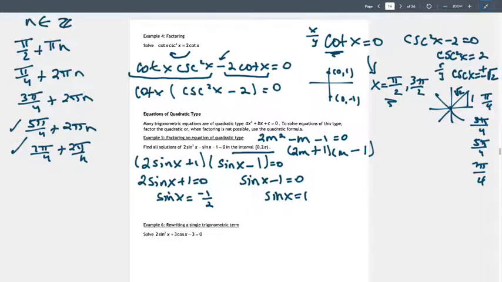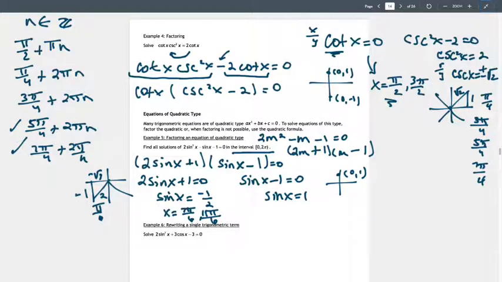All right, where sine is negative is in the third and fourth quadrant, and we're looking where the y value is negative 1, and the hypotenuse is 2. So that's a 30-degree or pi over 6 reference angle. So in the third quadrant, that's 7 pi over 6, and 11 pi over 6 in the fourth quadrant. Where sine of x is equal to 1 is up here at pi over 2.